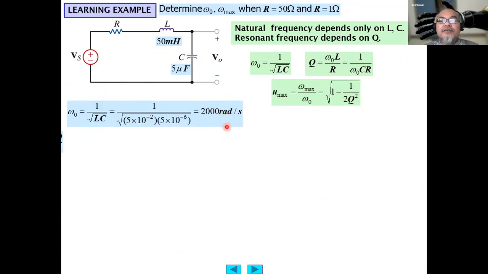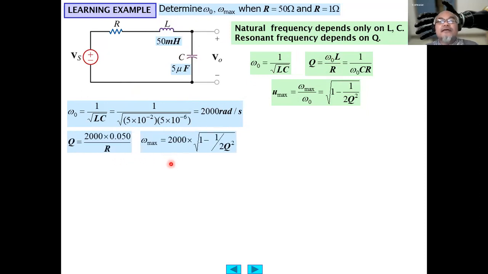Then we can calculate Q. Q equals 2000 radian per second times 50 millihenry divided by R. So then the omega max will equal omega 0, which is 2000 radian per second, times this factor, the square root of 1 minus 1 over 2Q squared.